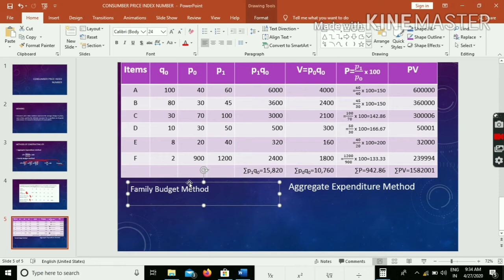So now find the CPI value under family budget method, under aggregate expenditure method.